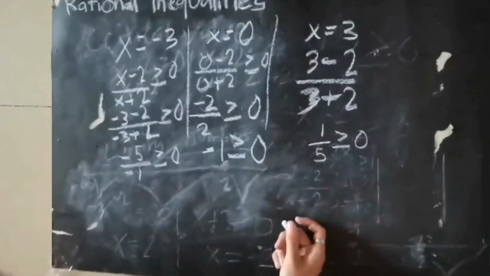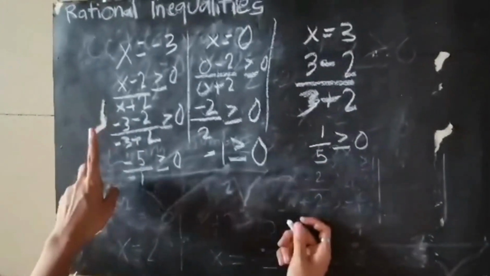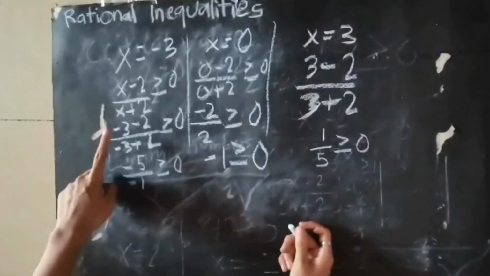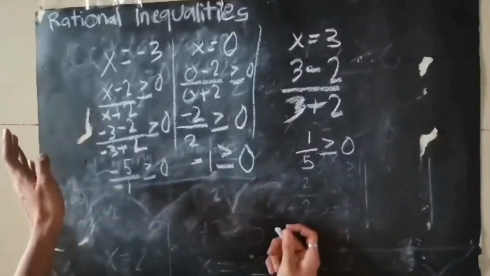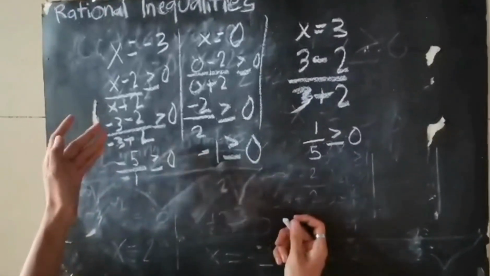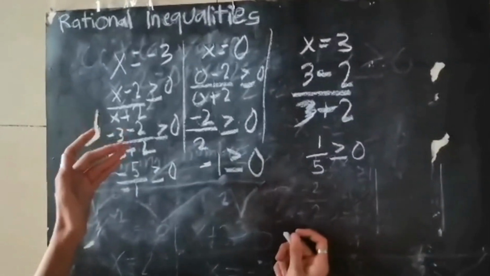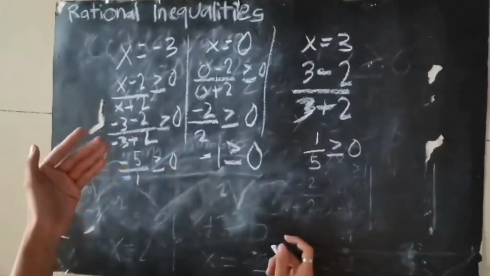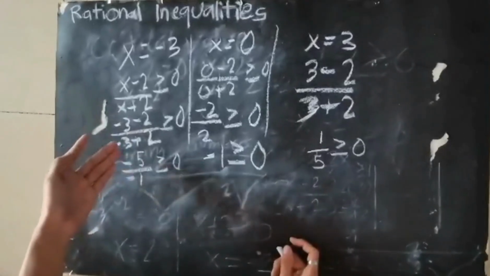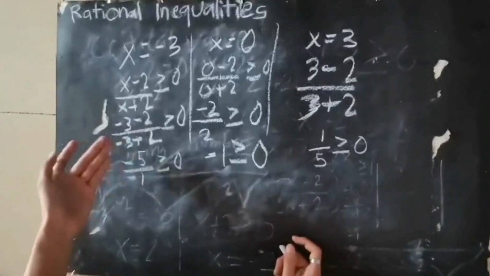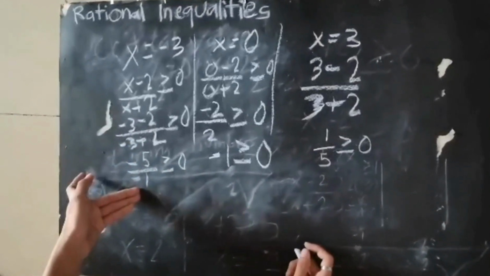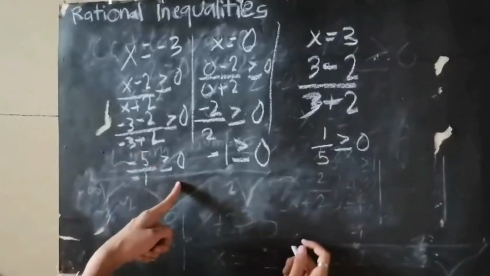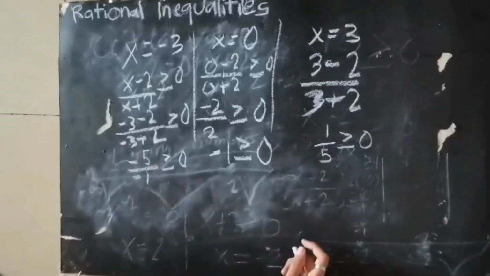And then by doing that, we got negative 3 plus negative 2, which is equal to negative 5, over negative 3 plus 2, which is negative 1. It is greater than 0. And the next step is to divide it.